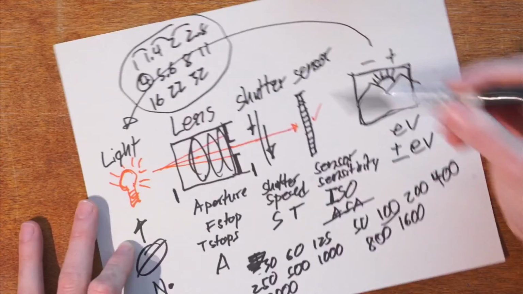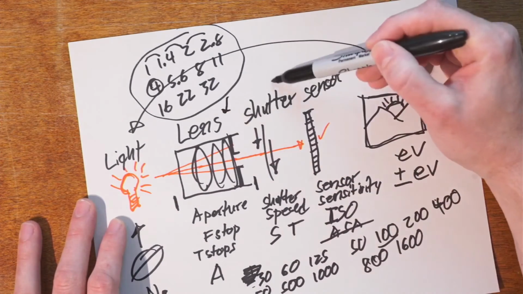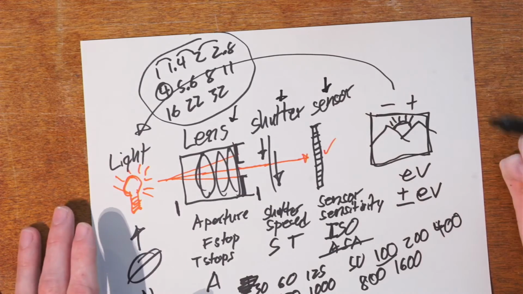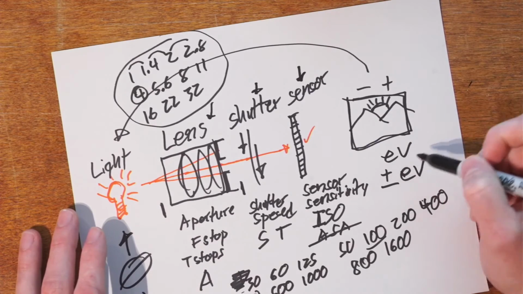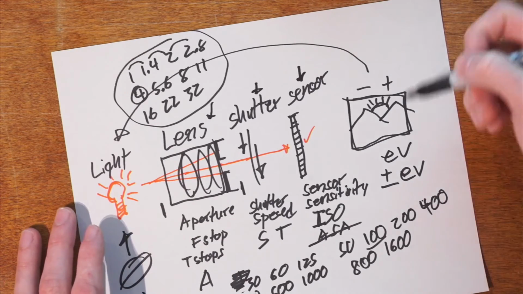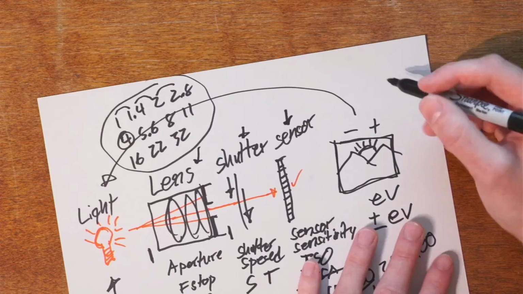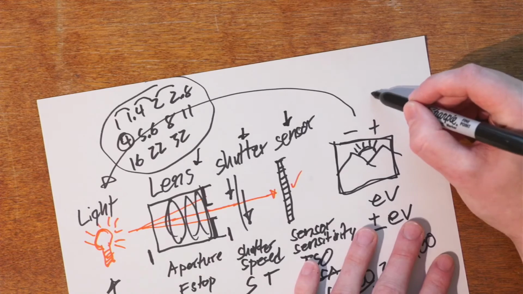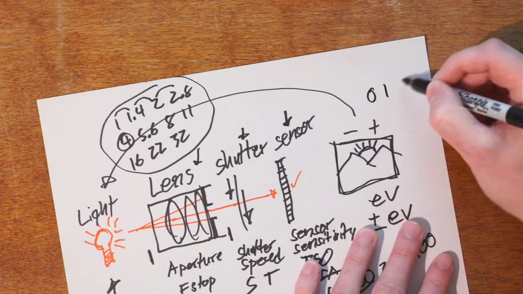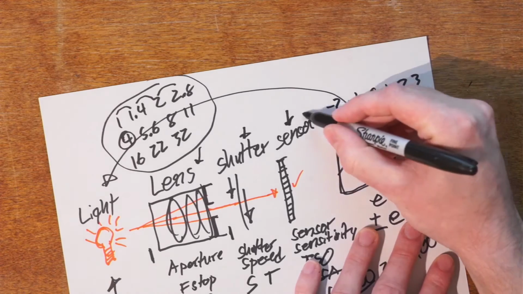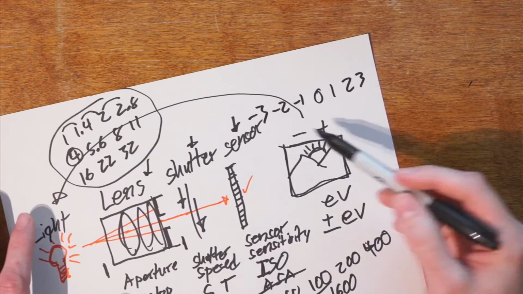So, we've talked about lens as aperture, we have talked about shutter, we have talked about sensor moving up as ISO. Now, the EV is just the exposure value. It's how bright or dark the image looks, and generally the way you will see that on your camera is it will be a 0, 1, 2, 3, -1, -2, -3. So that's what you'll see on that dial.